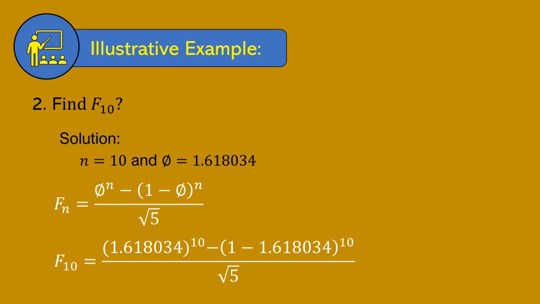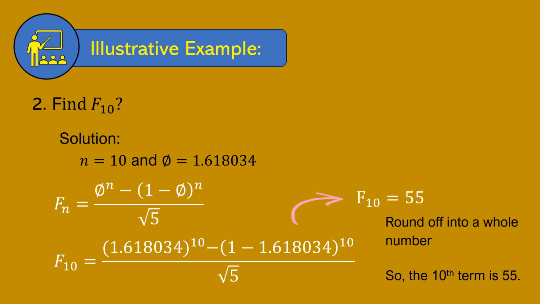If you simplify this one, f of 10 is equal to 55. Again, 55 is already rounded off, so we can say that the 10th term is 55. Let's check. There you go. The 10th term of the Fibonacci sequence is 55.